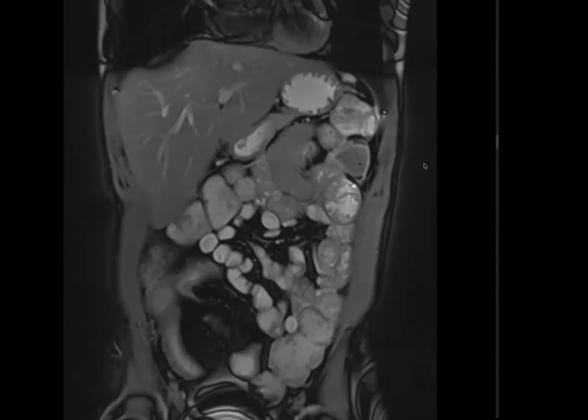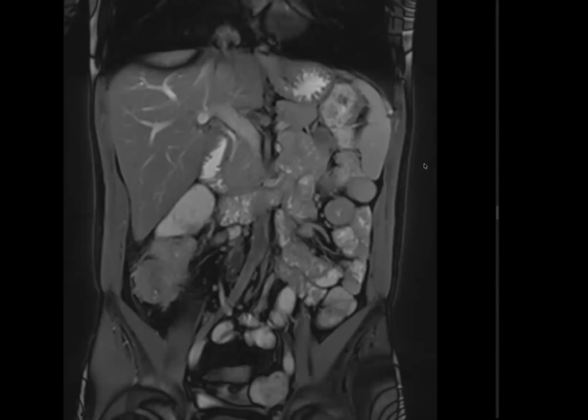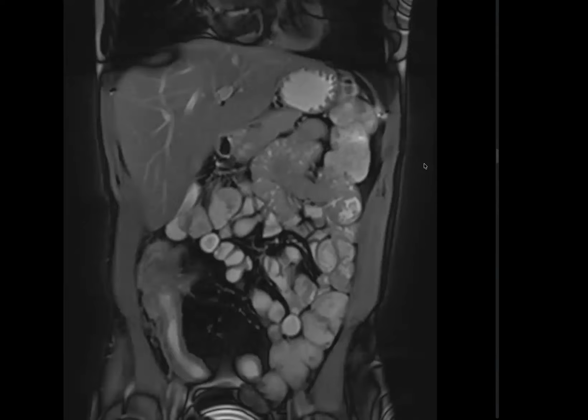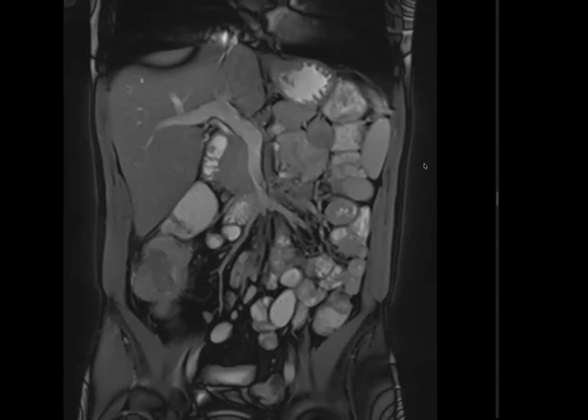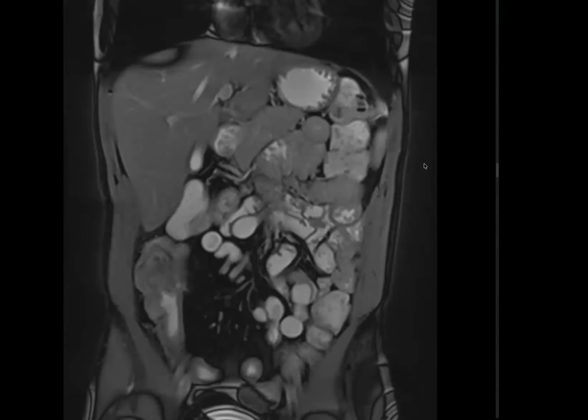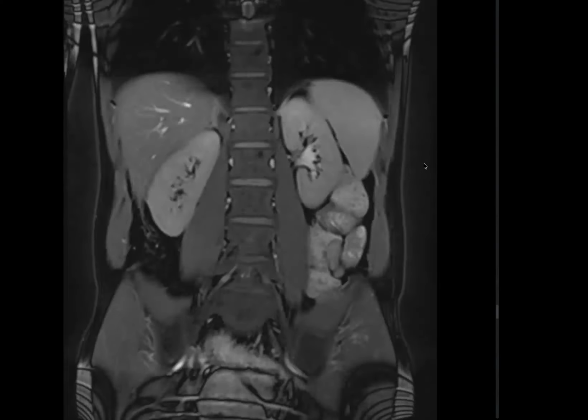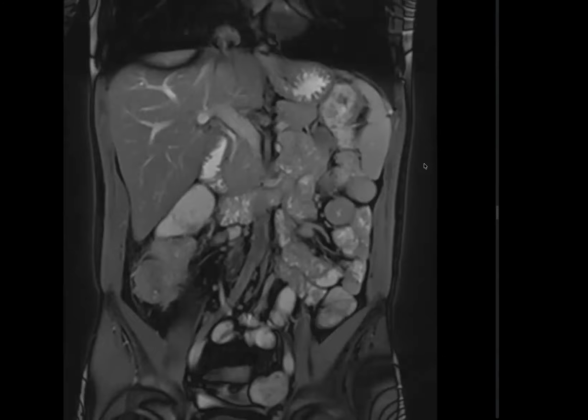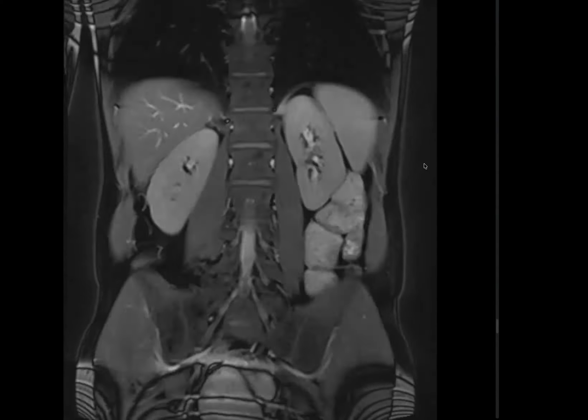Here, as seen on the axial images, there is diffuse long segment thickening involving the ileal loops, and the IC junction is also involved, with thickening of the cecum as well as the proximal part of the ascending colon with surrounding fat stranding.